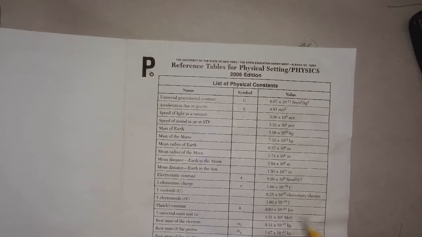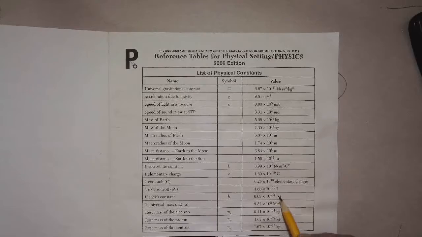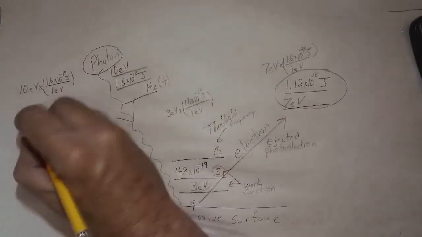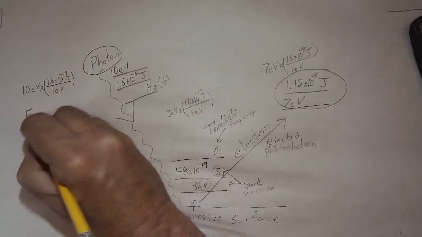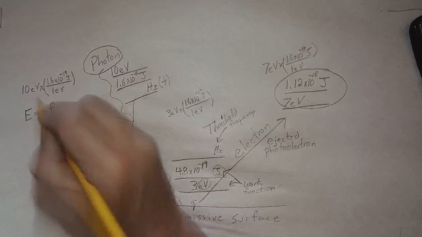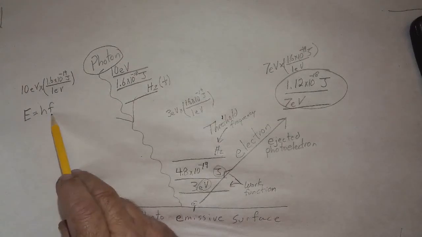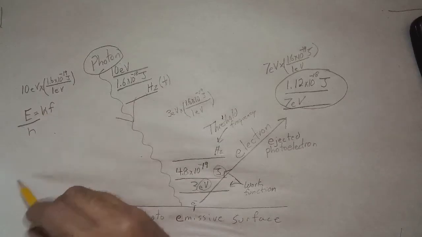6.63 times 10 to the minus 34th, and notice the units: joules, not per second, but joule seconds. So let's work that. We now have the formula E equals hf. You can see it's a very simple formula. We want frequency, so E divided by h will give us the frequency.